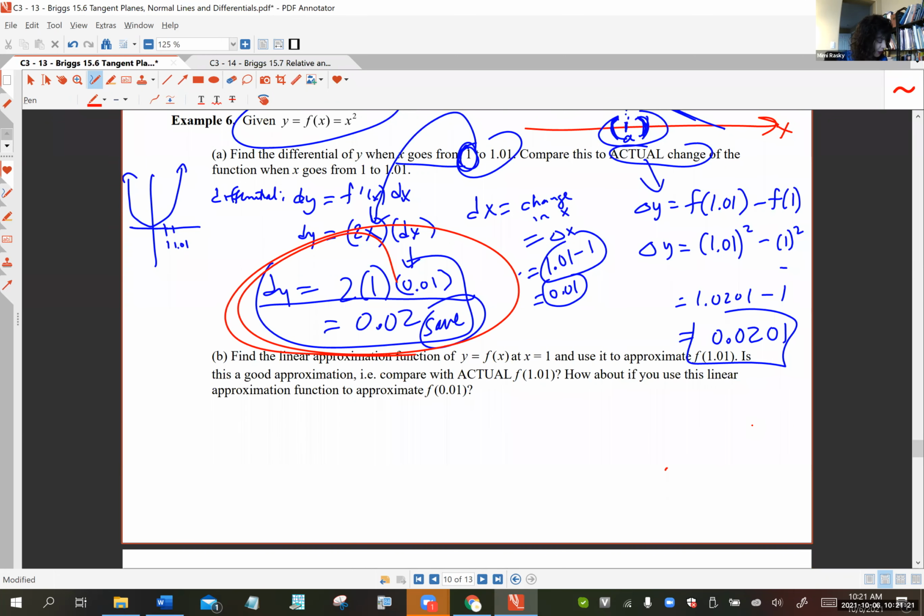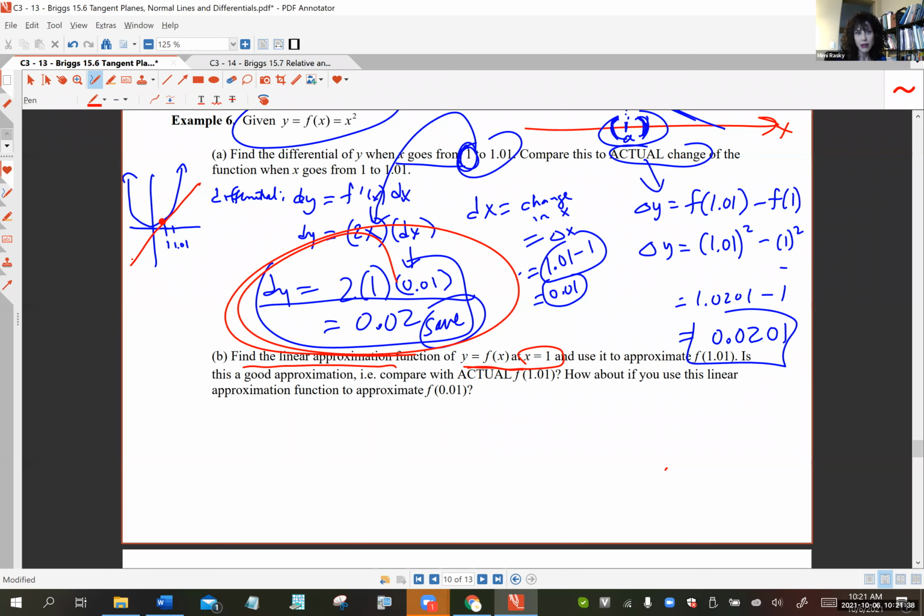Who knows? Okay. So now they want us to find the linear approximation function of y equals f of x at the point when x equals 1. So folks, you know what they're really asking us to do? That's the same as asking you for the equation of the tangent line.